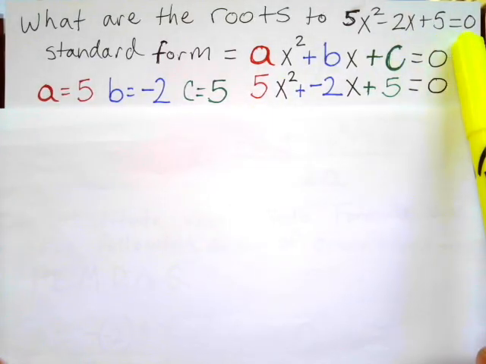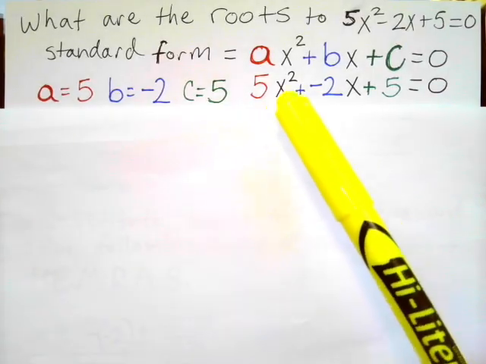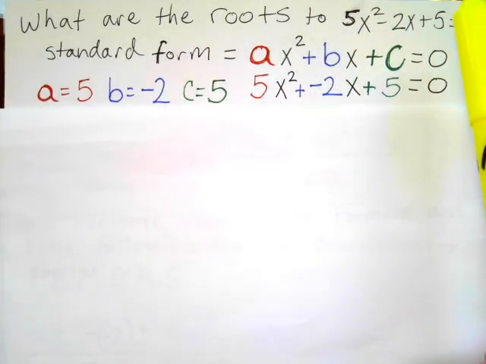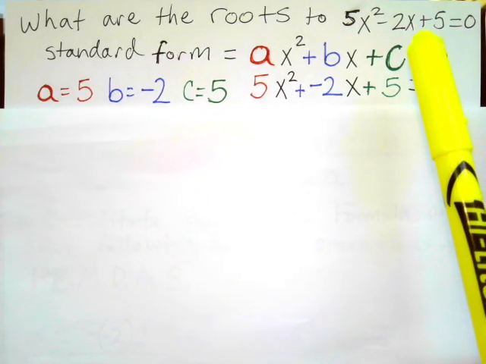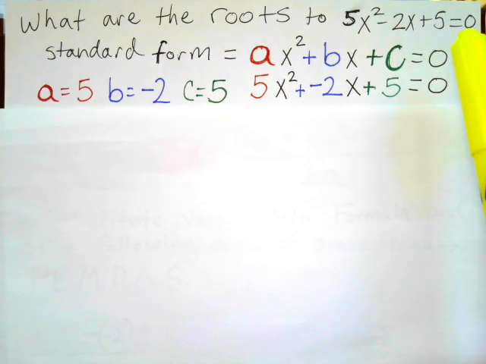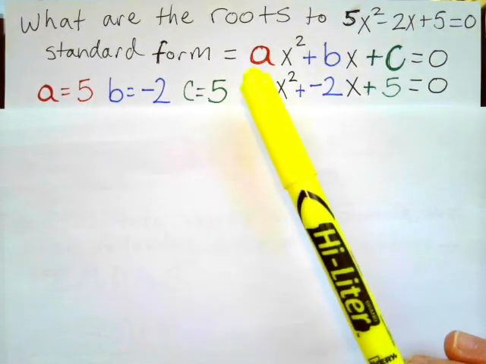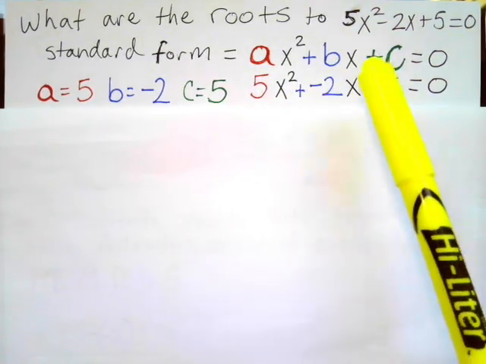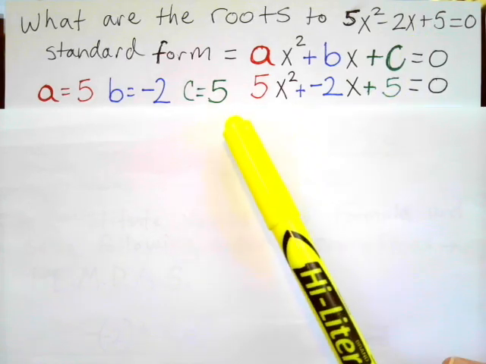So we're already in equal 0 form at the beginning of this problem. We don't need to worry about that. But when you practice these problems, if you have a value to the right of the equal sign, you've got to move it to the left by doing the inverse, or the opposite. It has to be in equal 0 form in order to label your A, your B, and your C values.